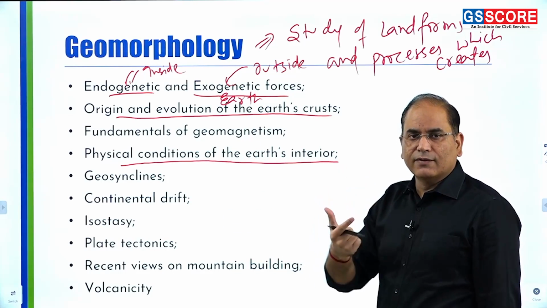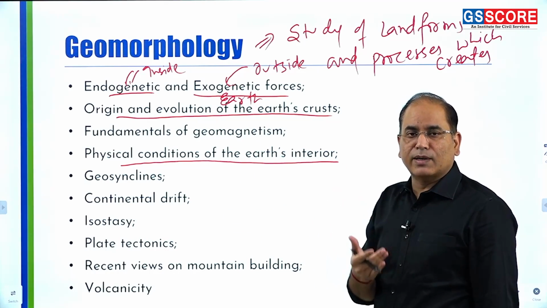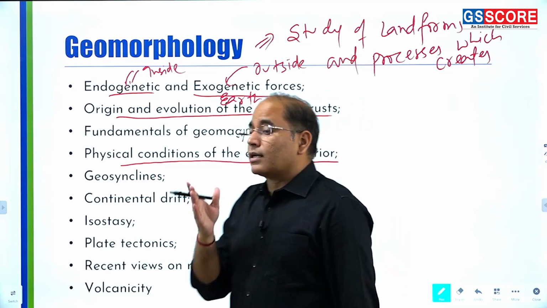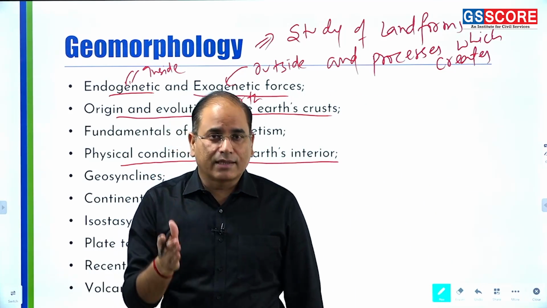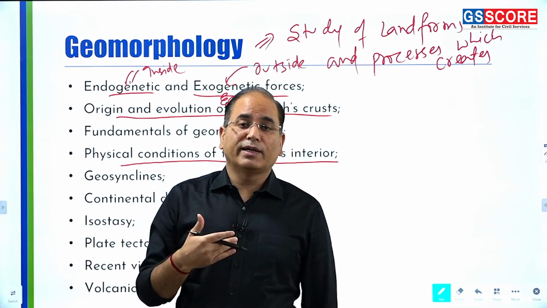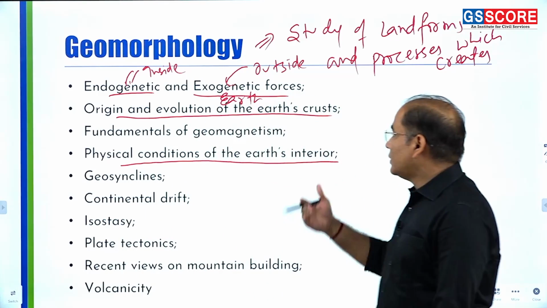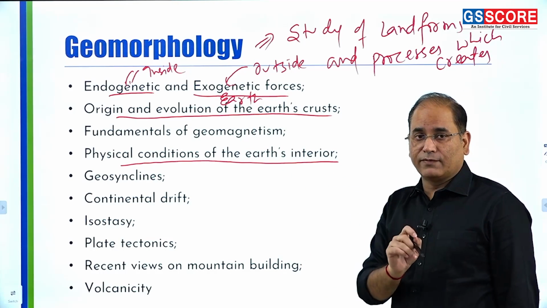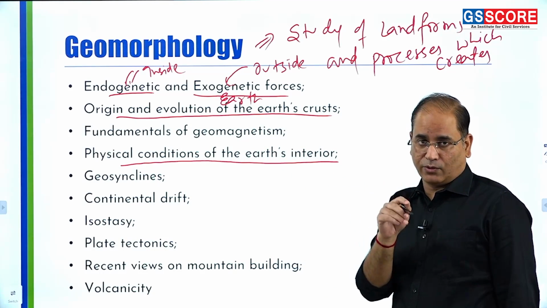There are three different major layers: the crust, mantle and core. The knowledge of the crust, mantle, core you are supposed to know, in what state they are, and what the important phenomena associated with them are. When you study this, you will come across one very important phenomenon associated with the outer core.